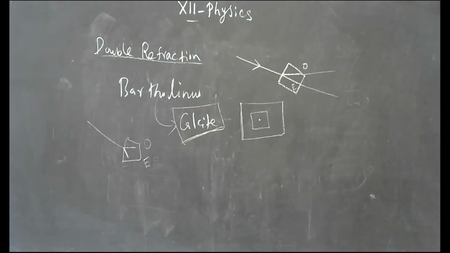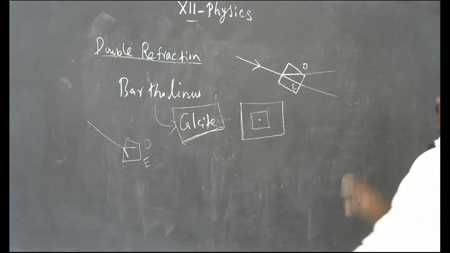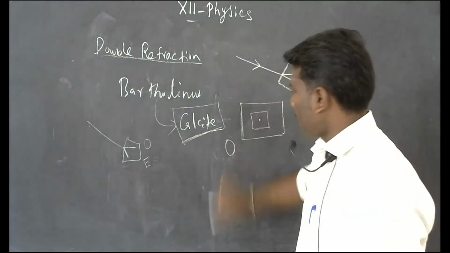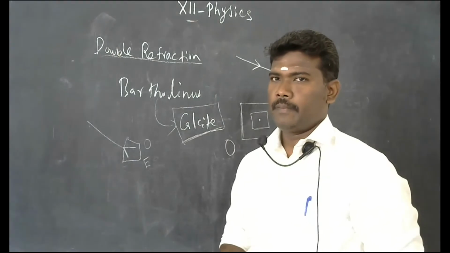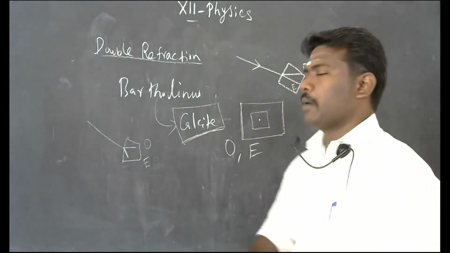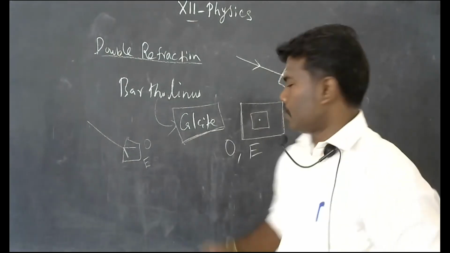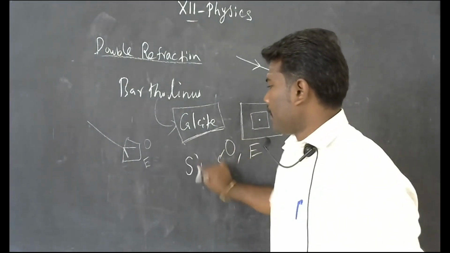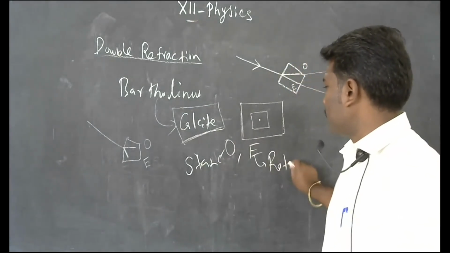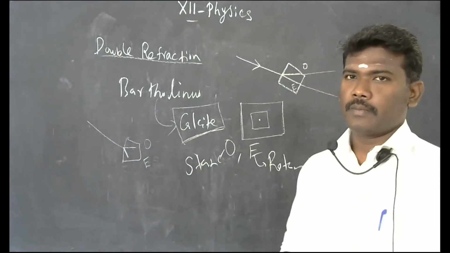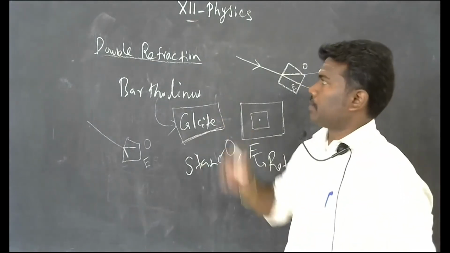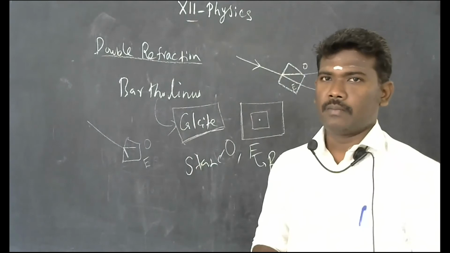If you rotate the crystal, the stationary image is called the ordinary light ray, and the rotated image is called the extraordinary ray. So ordinary is related to the stationary image, and extraordinary is related to the rotatory image. This is a simple experiment to explain the concept of double refraction.